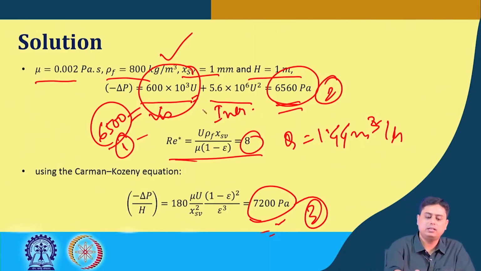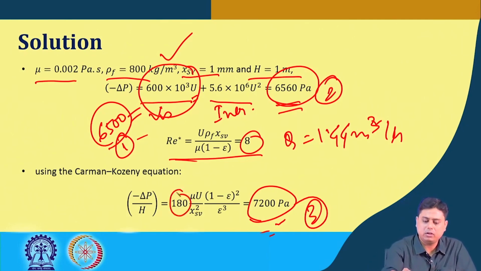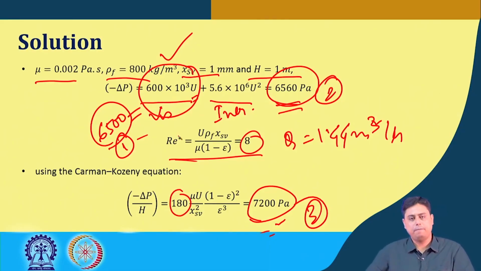But if you start the design with 6500, these results are varying because of these constants, 180 and 150, which are empirically fitted constants for different shapes or sizes of particles and different surface properties.